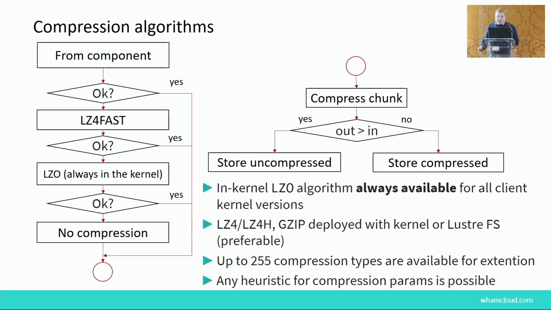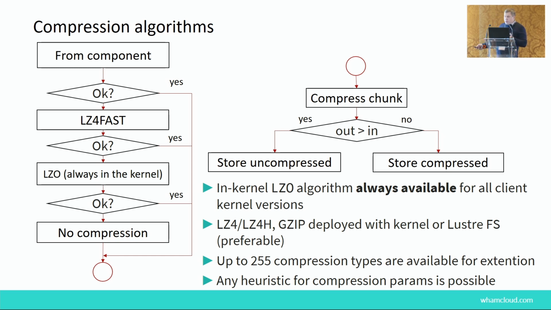So how is this algorithm applied? We always try to compress data. Even if some algorithms are not present on the system, it's possible, because LZO is always in the kernels on the client, and all other algorithms should be delivered by Lustre packages.